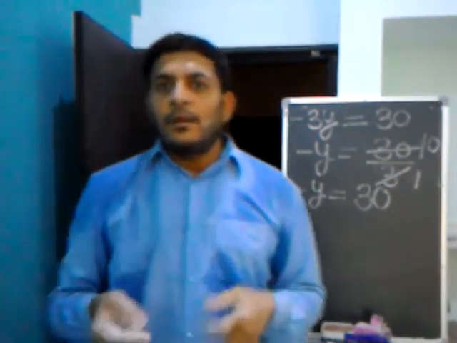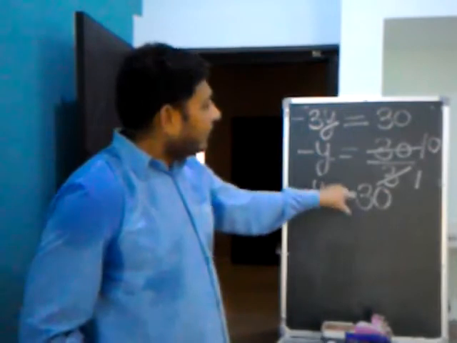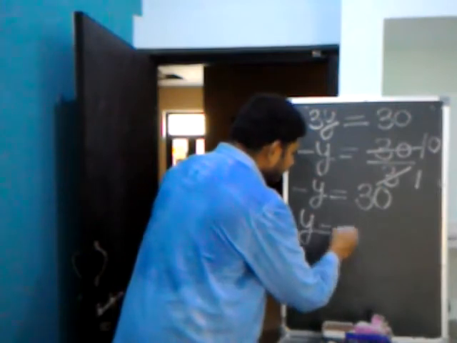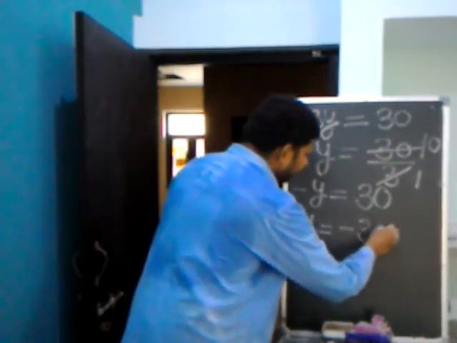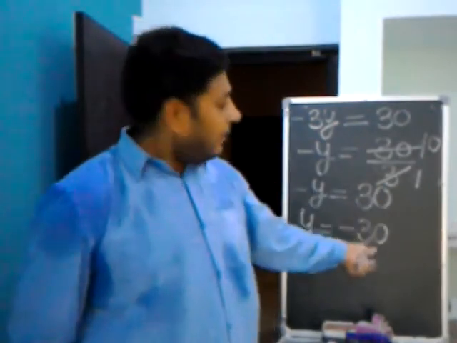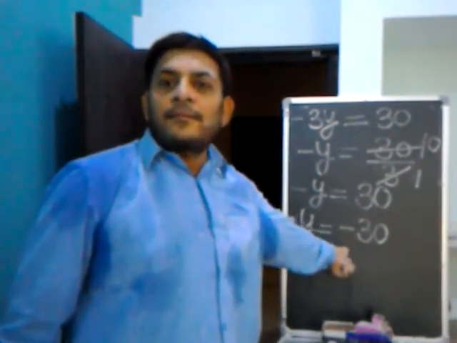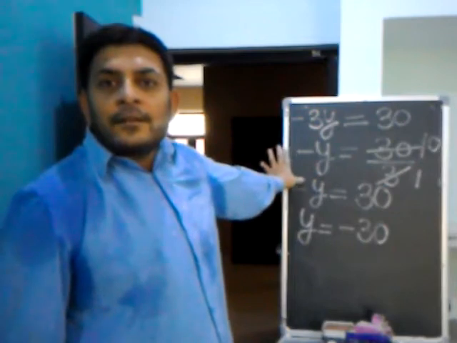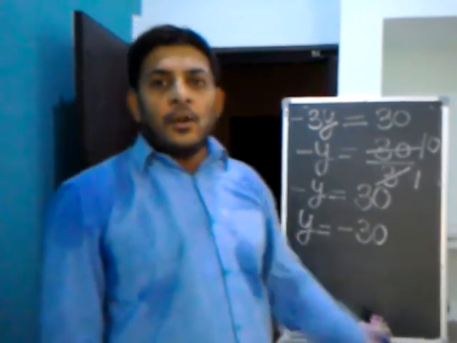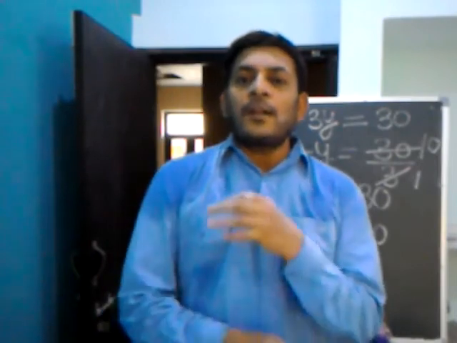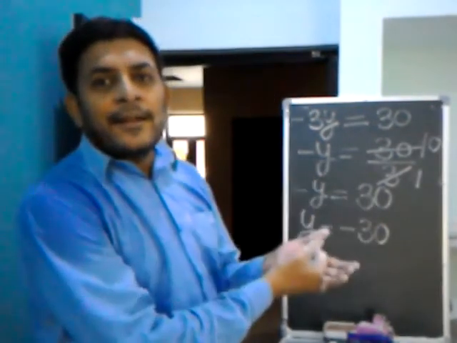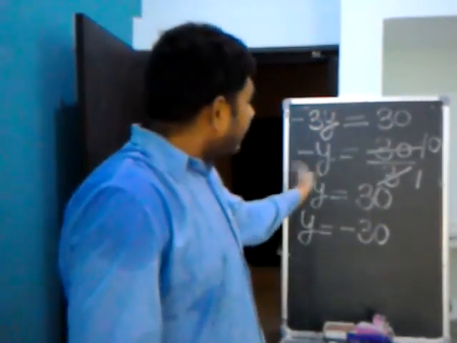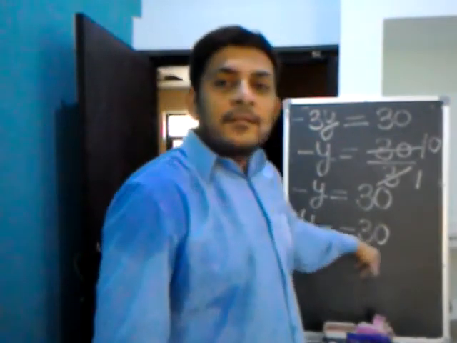Then what will I do? I will shift this negative sign to the other side. Since this was a positive number, its sign changed. Because on the left side there was a negative sign and the left side cannot be negative in any case, I shifted the minus sign from the left side to the right side, and my answer became y is equal to minus 30.